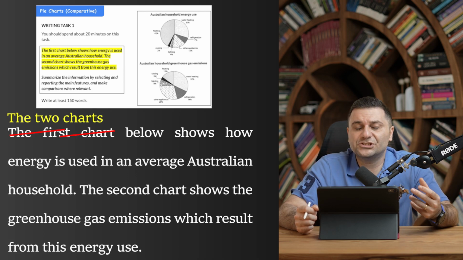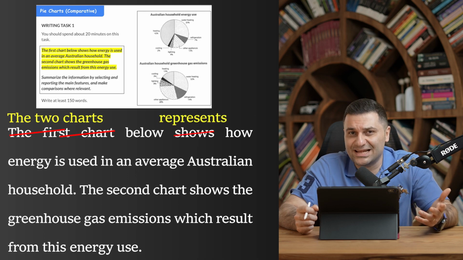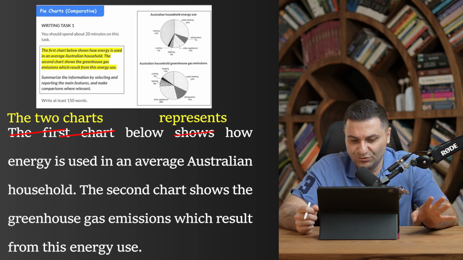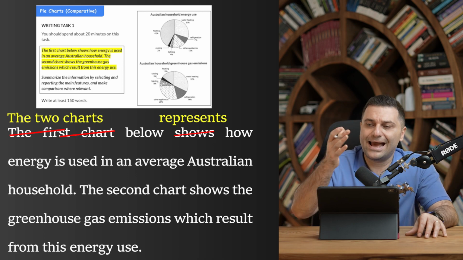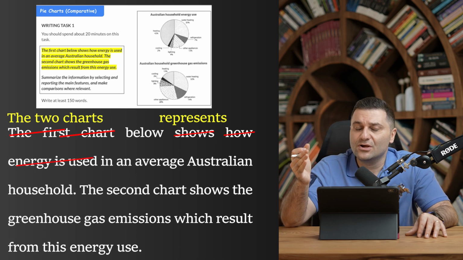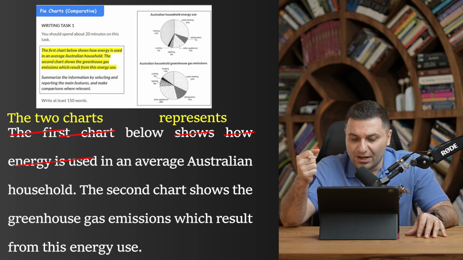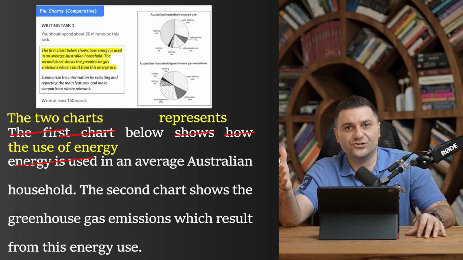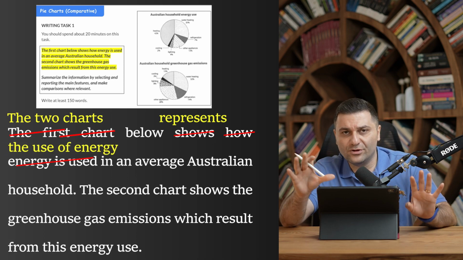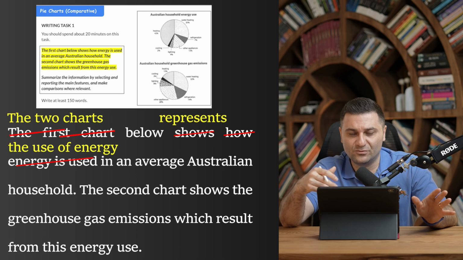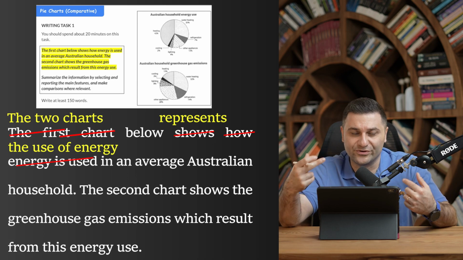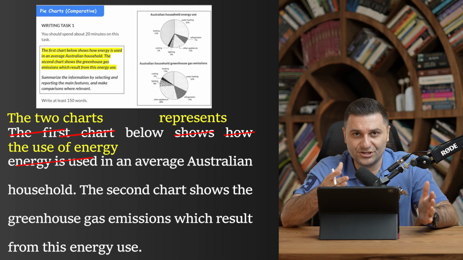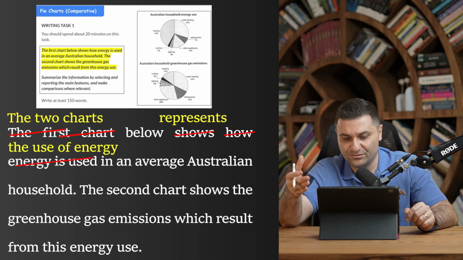So instead of show, we can write represent. So the 2 charts represent how energy is used. So how energy is used, we can change it to the use of energy, all right? All the words are the same. However, we've just changed the order of the words. How energy is used, the use of energy.